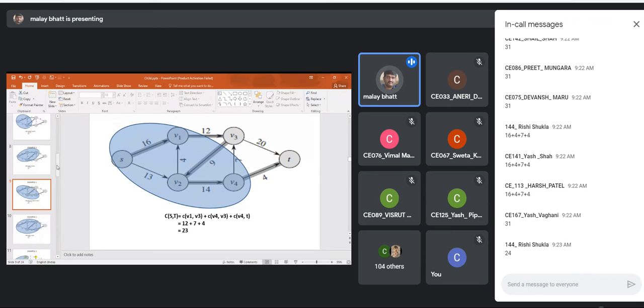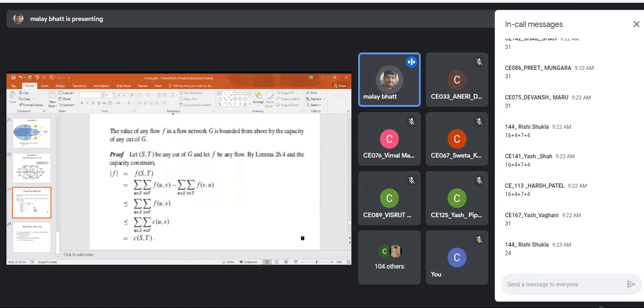So now let us consider this proof. The value of any flow in a flow network G is bounded from above by the capacity of any cut of G. We have this equation of flow, f of S comma T, where S is the set of source nodes and T is the set of terminal nodes.